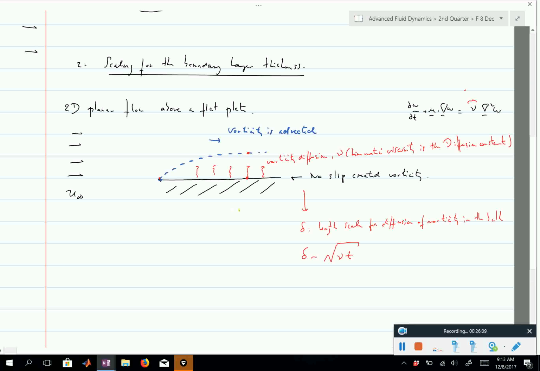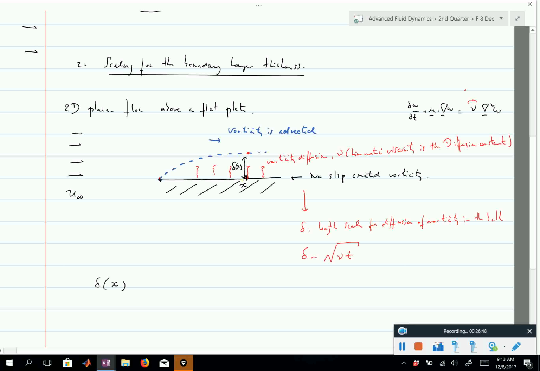Now let's write this in numbers. Looking at the diffusive length scale, the boundary layer thickness, we have to think about the boundary layer thickness at a particular location x.